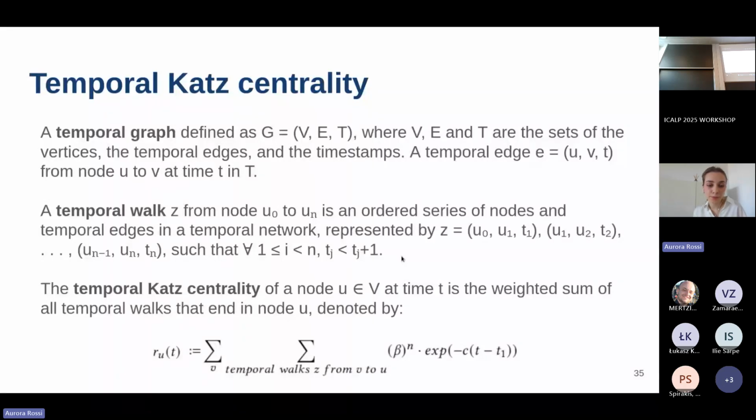And the temporal centrality is a weighted sum of temporal walks that start from different nodes and end in node U. And in this formula, n is the number of temporal edges in the walk zeta, and T1 is the time step at the start of the walk.